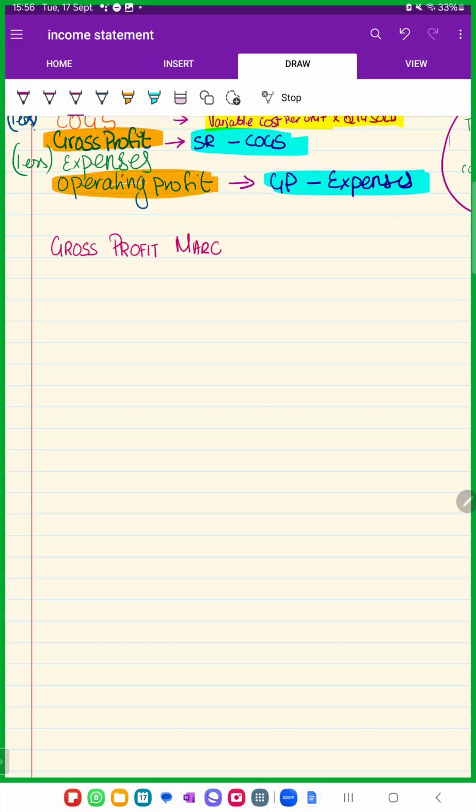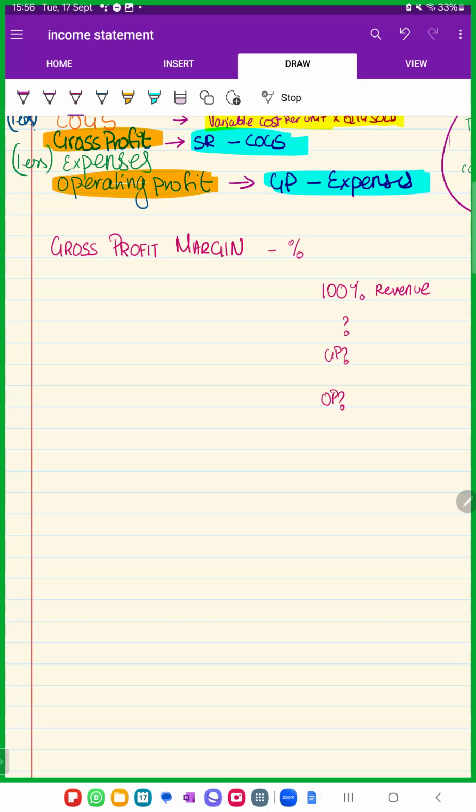The difference between gross profit and gross profit margin is that these are the percentage ratios. It shows you the proportion of revenue that is turned into profit. So out of your 100% of revenue, how much percentage was the gross profit? How much percentage was the operating profit?